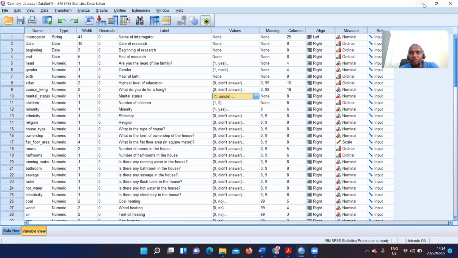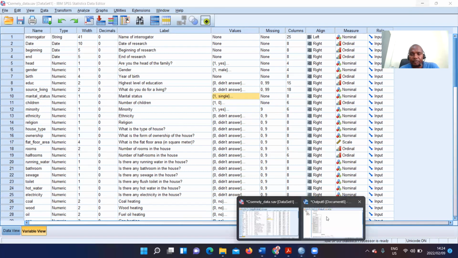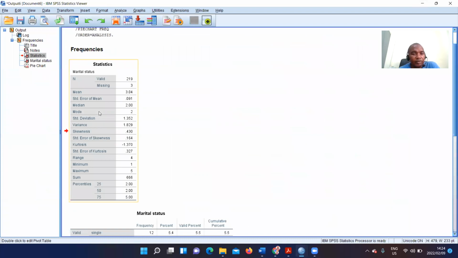So to make sense of the calculations, you have to go back to the original options in the questionnaire. Also the mode is 2, representing the married. It means the married have the highest frequency.